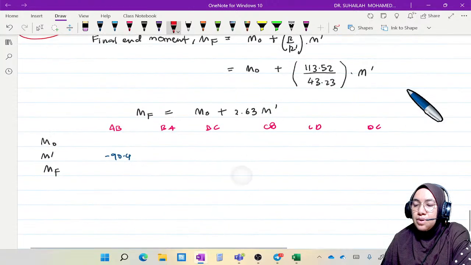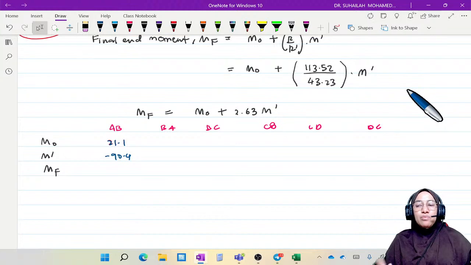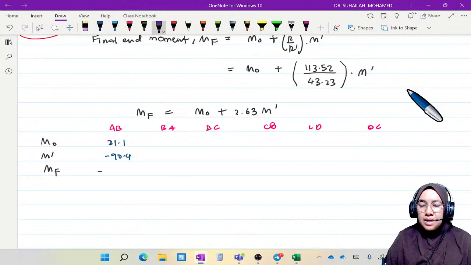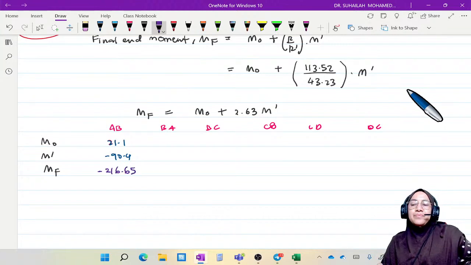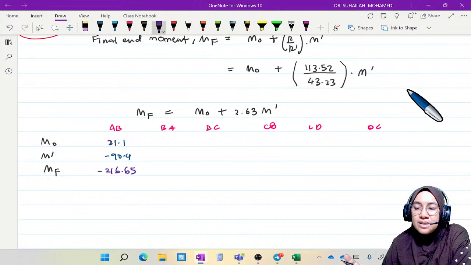So using the formula, we get 2.63 times 21.1 plus negative 90.4. So the answer is negative 216.65. Actually we just need to fulfill this table.